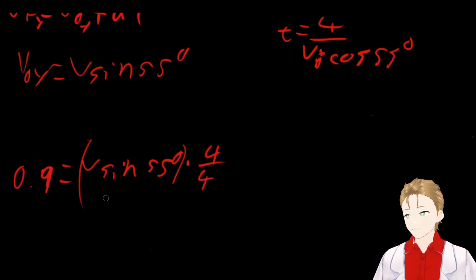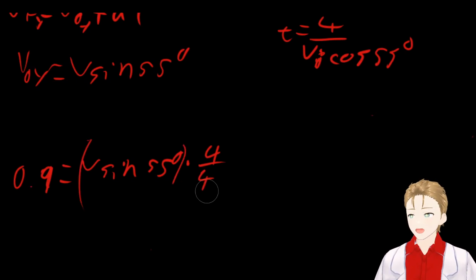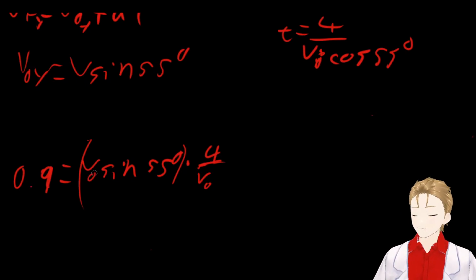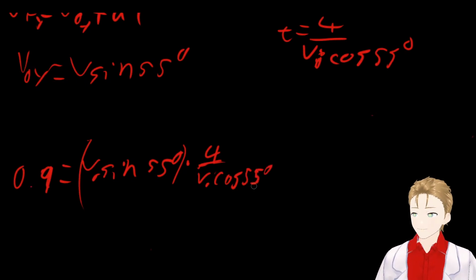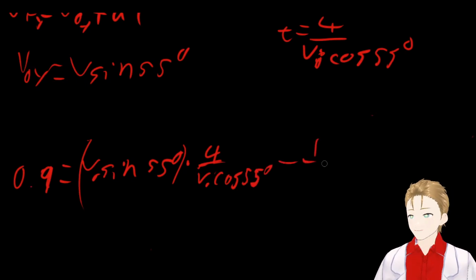Well, let's hold times 4, not 4, but v0y. No, no, this is v sine. No, that's cosine. Cosine of 55 degrees. Okay, yeah, I think I got it already.